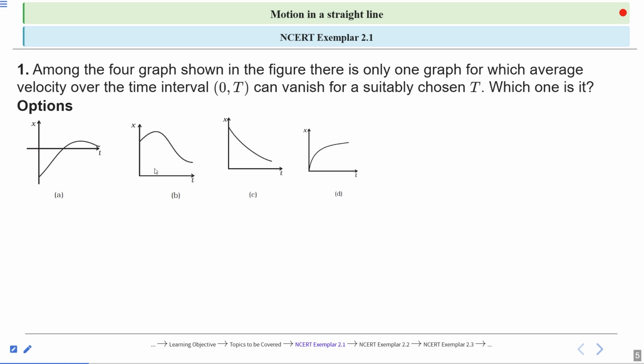So here you have to find out the correct graph which shows the average velocity over time interval 0 to t. Think about it.